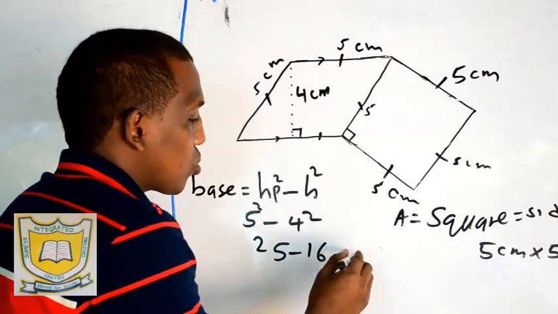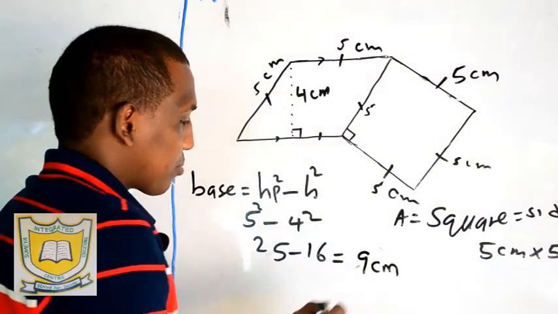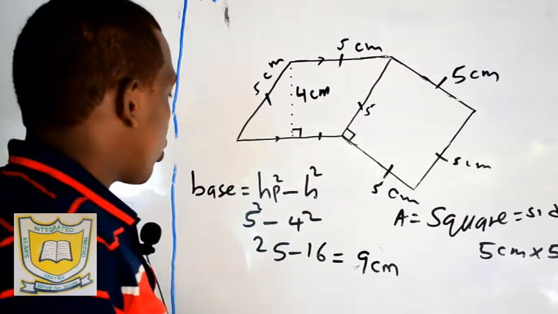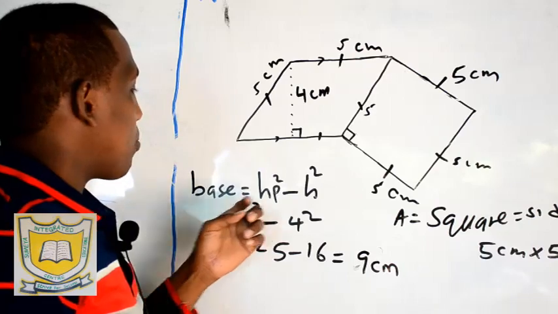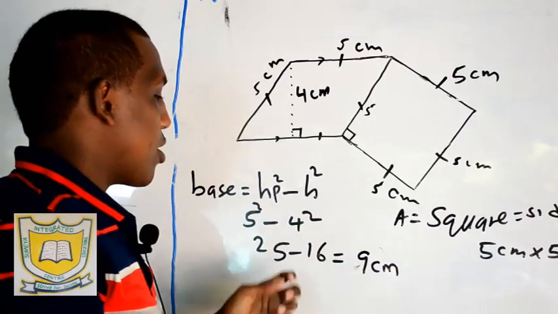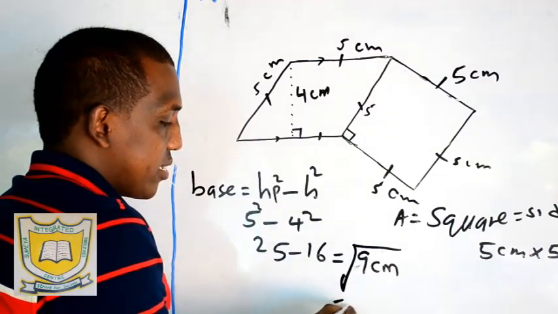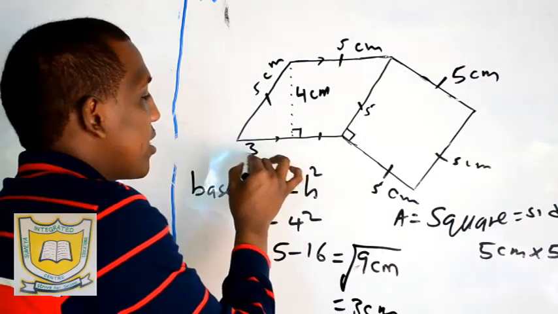So now, it's just a squared plus b squared is equal to c squared. So base is equal to hypotenuse squared minus height squared. You get 9, then you square root. The square root of 9 is 3 centimeter. So here is 3 centimeter.